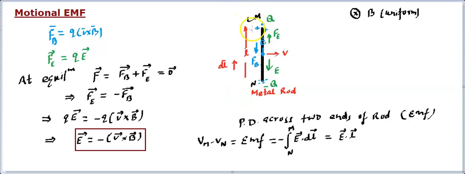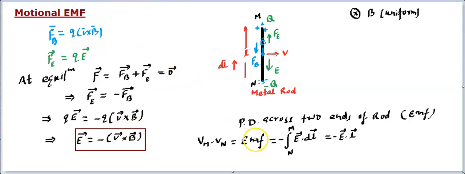So the potential of M is going to be higher because it's positively charged, and N is going to be at negative potential. So this potential is defined as minus E dot dl from N to M. That's what the formula goes, right? And when we integrate from N to M in the upward direction, you will get this expression. And this is going to be the case only when we use these as constant numbers. Now in future you might get that V is changing, B is changing, or the direction is changing, so that can be a variable as well.